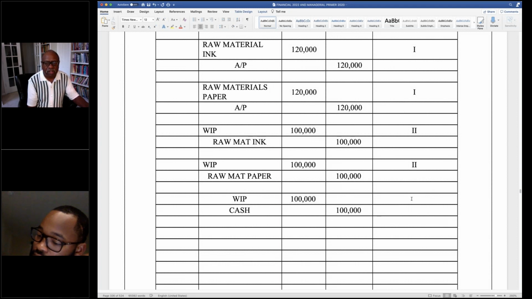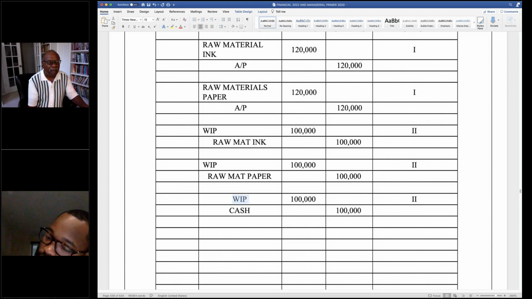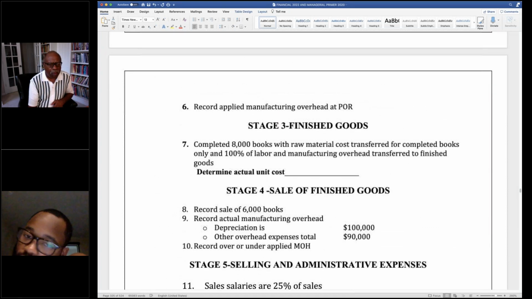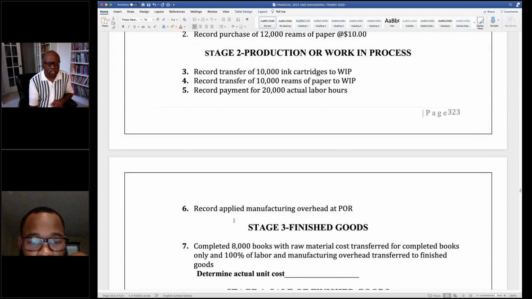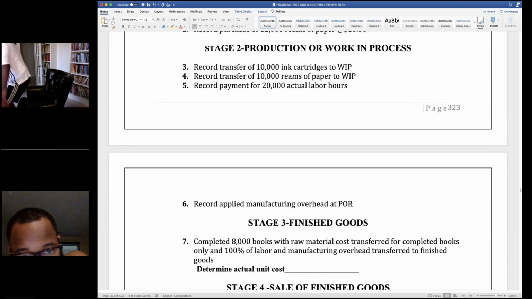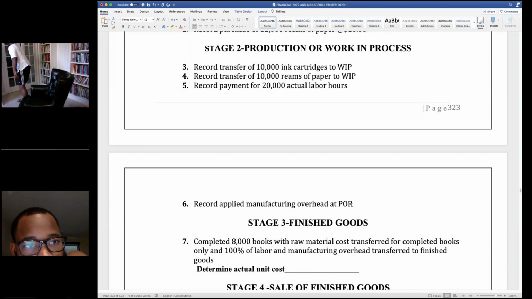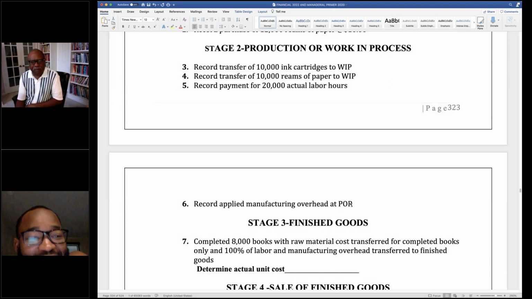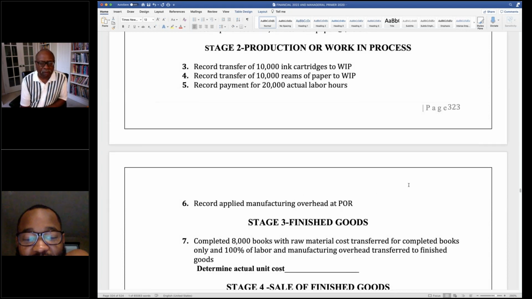We're still in stage 2. We have one more entry in stage 2, which is to record the applied manufacturing overhead at the POR. So what are we going to do?